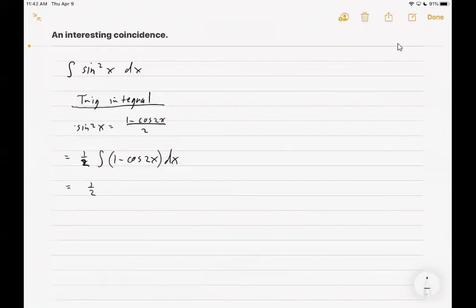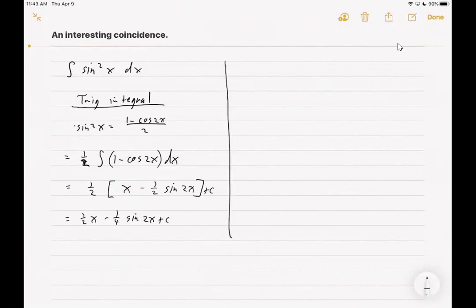When you take the antiderivative of this, you'll have x for the first term, and you would have minus a 1/2 sine of 2x plus c. All right, and so you distribute and you end up with 1/2 x minus 1/4 the sine of 2x plus c. So that's one way to do the problem, right?